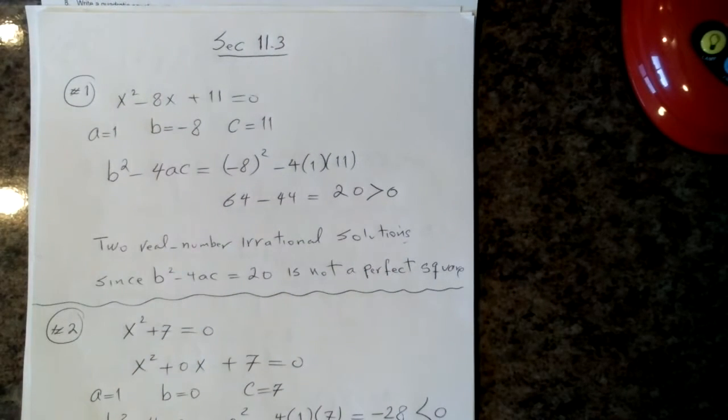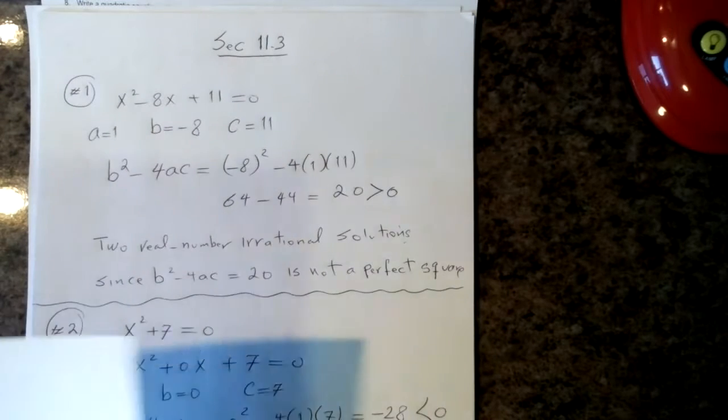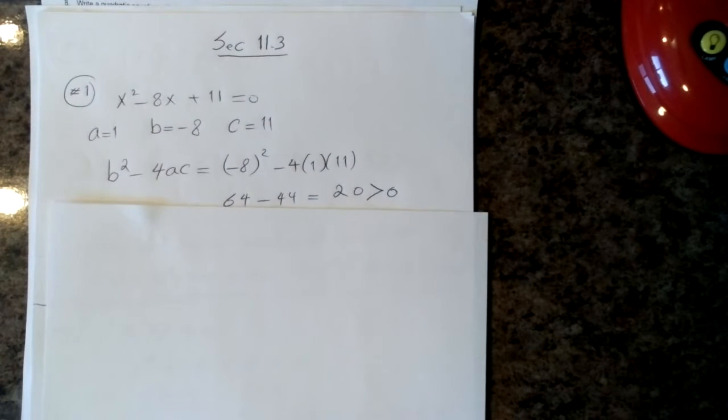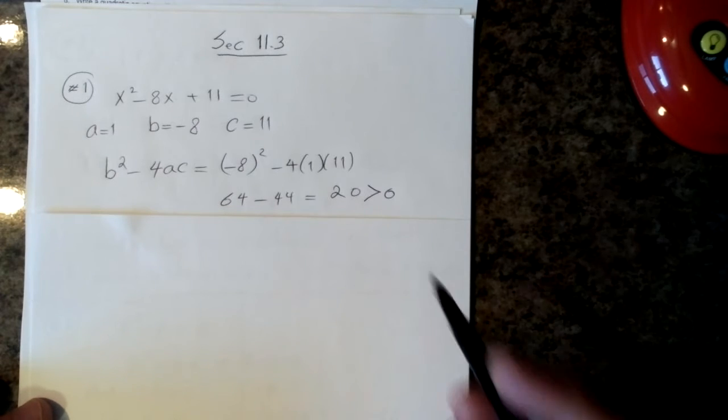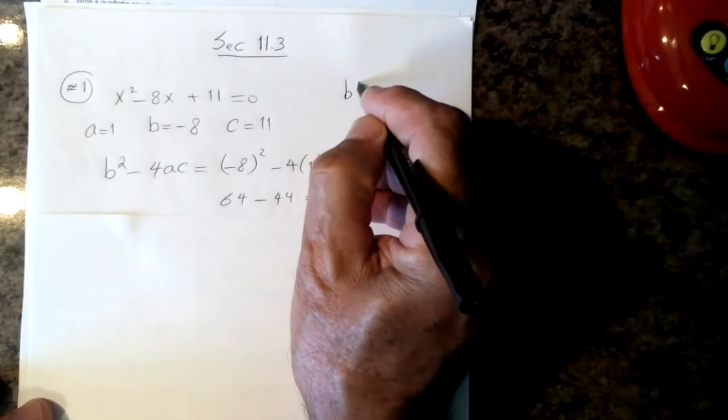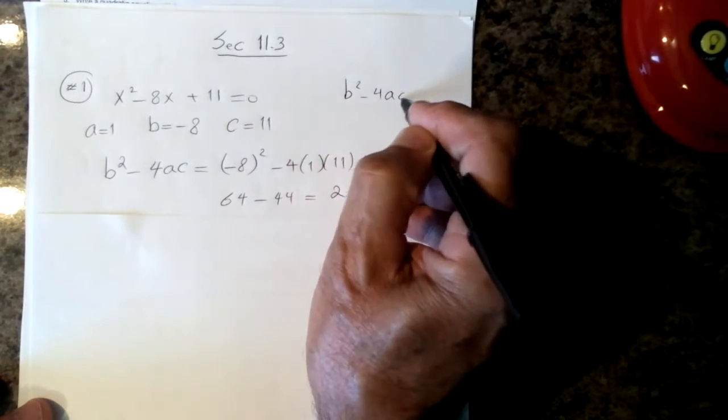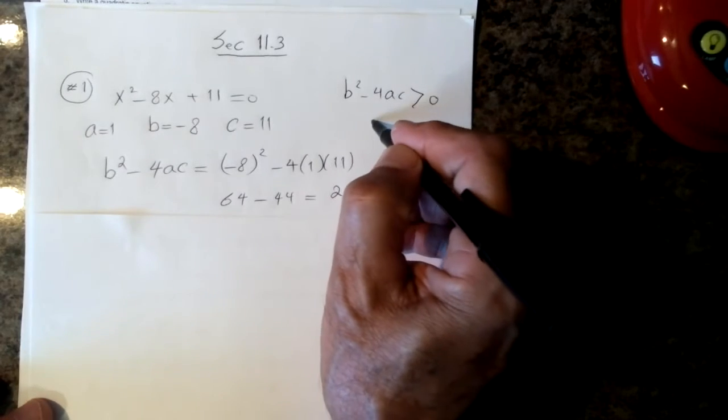the first one, again, all we need to do is determine b squared minus 4ac. In this case, it happens to be 20. If b squared minus 4ac is positive, then you always have two answers.